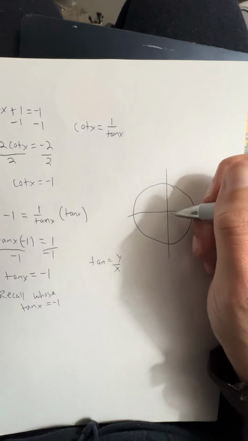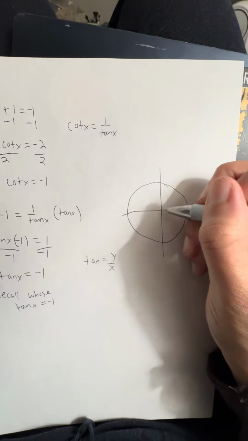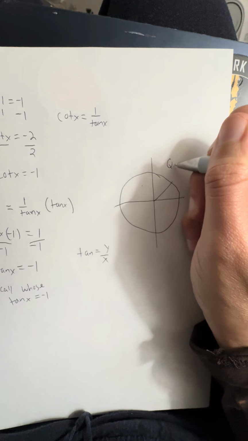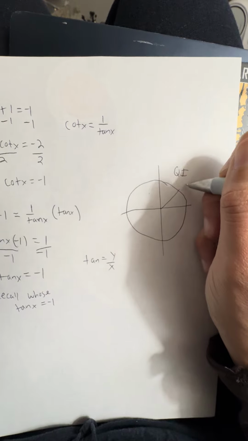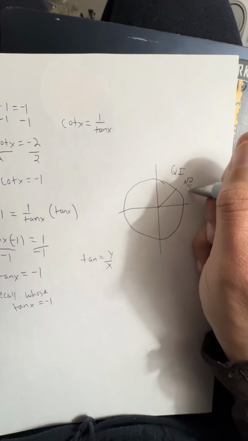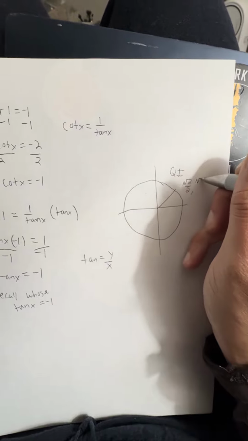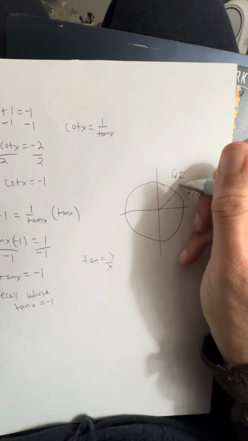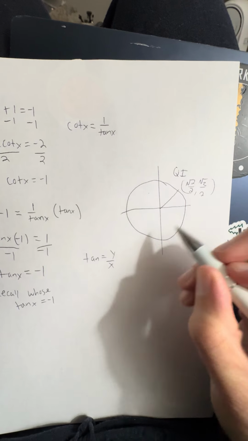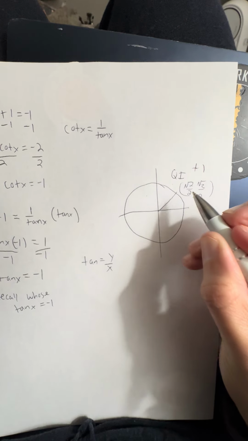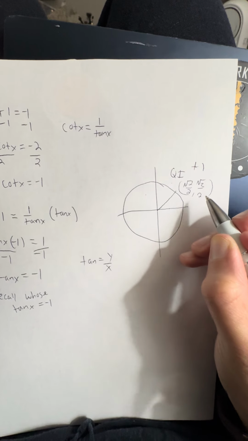Just for demonstration purposes, if your tangent is in Q1, quadrant 1, you have √2 over 2 and √2 over 2 for your 45-degree angle. When you plug that in, like y over x, you're going to get a positive 1 because your x value is 1 and your y value is 1.